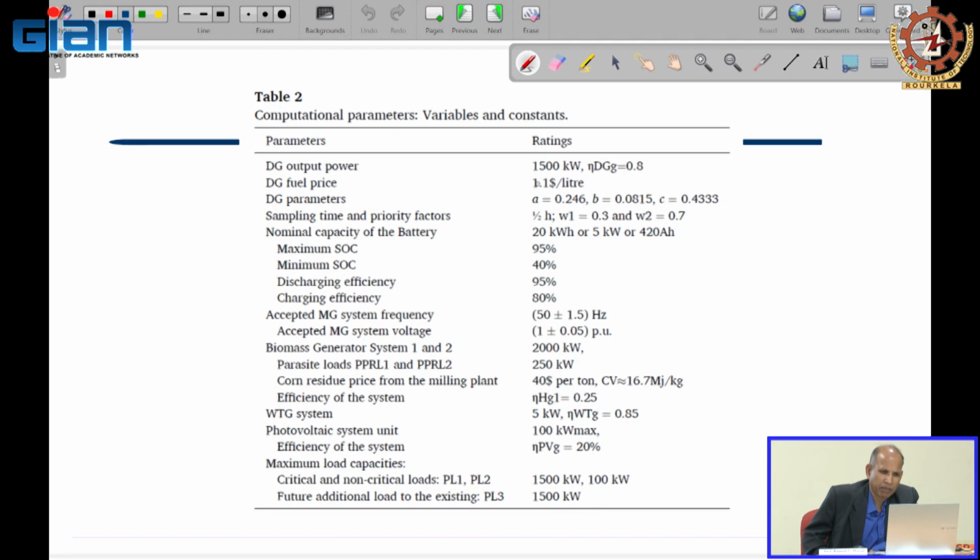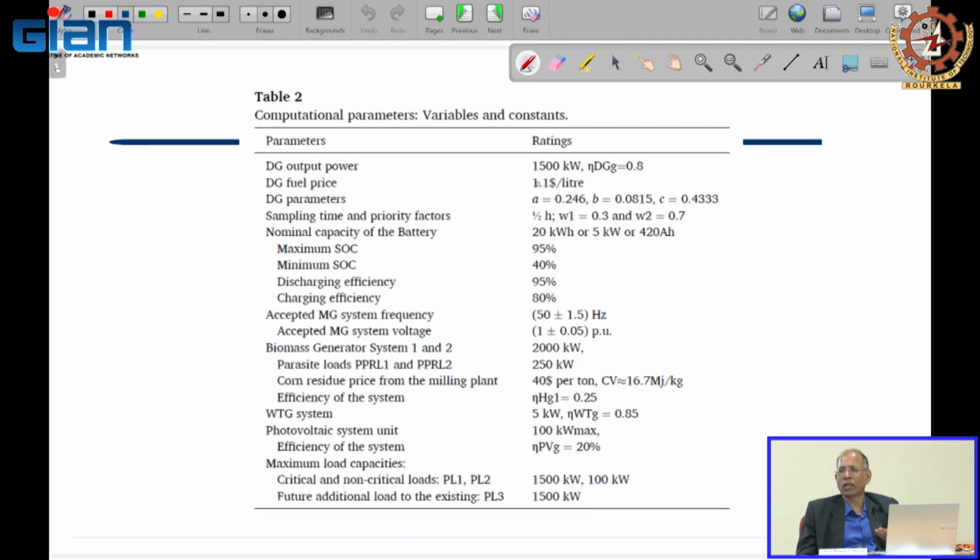Then the diesel generator parameters A, B, C. What are these parameters? They describe how much fuel consumption there will be in the diesel generator, and it depends upon some parameters. For example, you have your car, how much fuel will it be consuming?